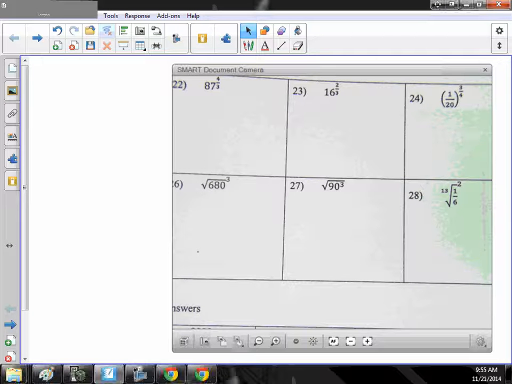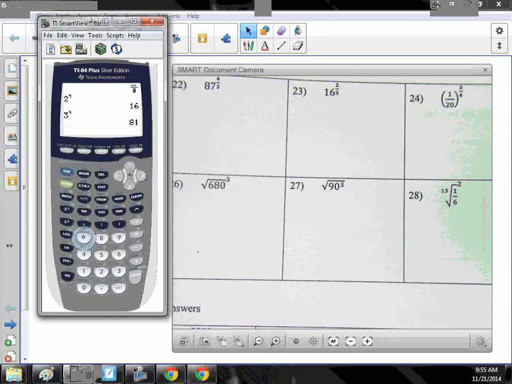So it would be some sort of decimal between 3 and 4. I'm sorry, I'm not making any sense. So for this one, you have to plug it in your calculator. So we would take 87, and we would raise it to the 4/3.